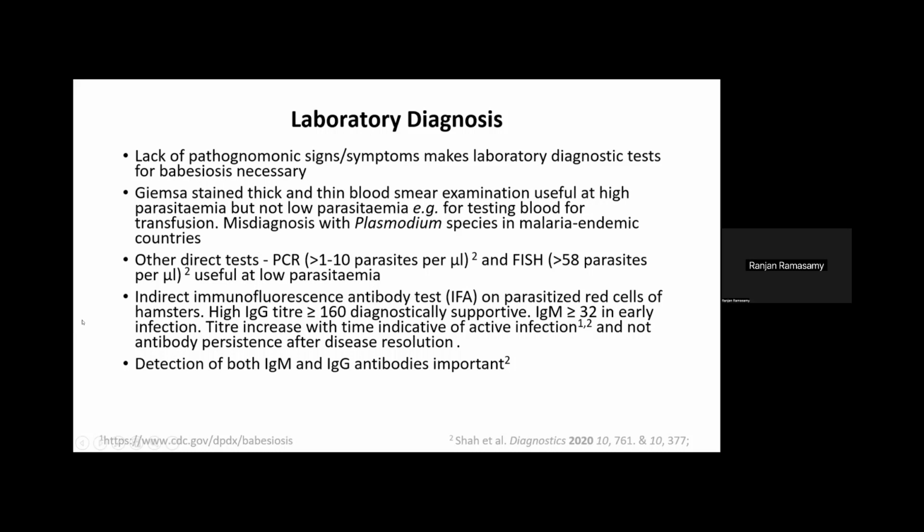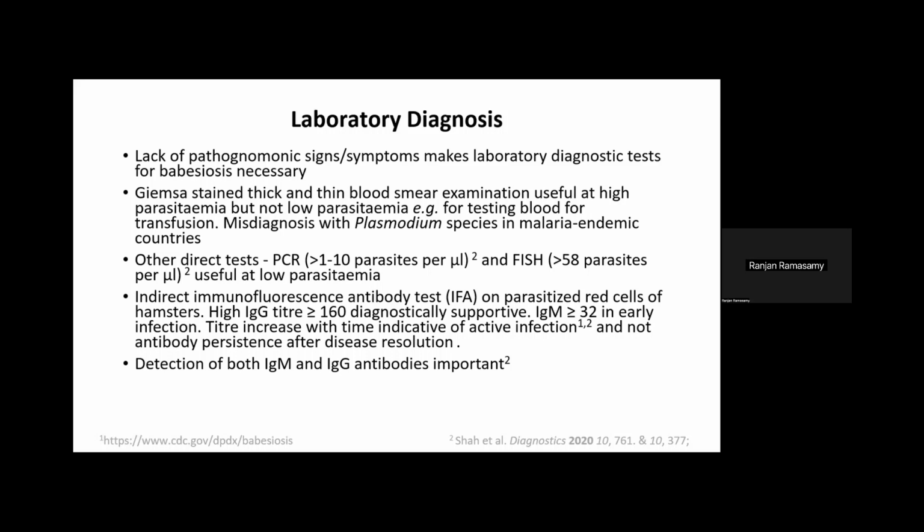Indirect tests for detecting babesiosis involve the use of immunofluorescence antibody tests, or IFAs, and these are tests that involve reacting serum from suspected patients with the parasitized red cells produced in hamsters.